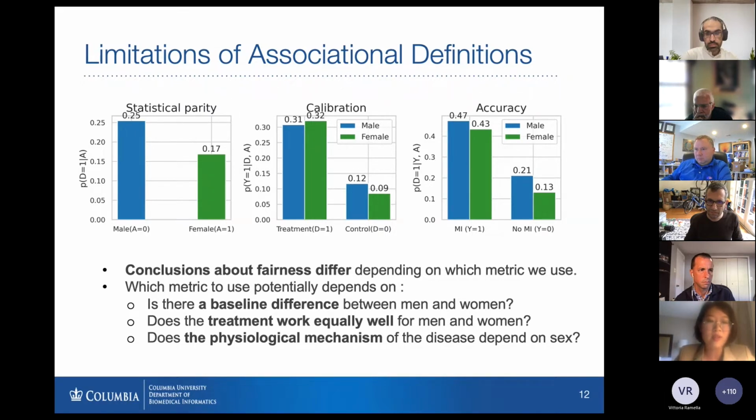To be more specific, we're asking: is there a baseline difference between men and women? Does the treatment work equally well for men and women? Or are there physiological mechanisms that differ between men and women? To some degree, these are causal questions.